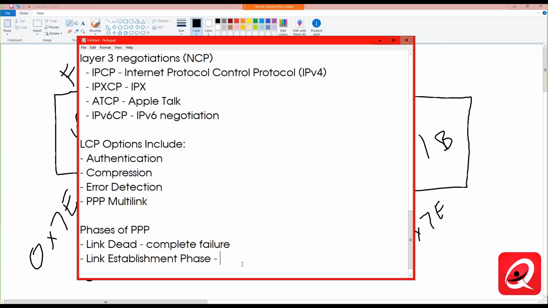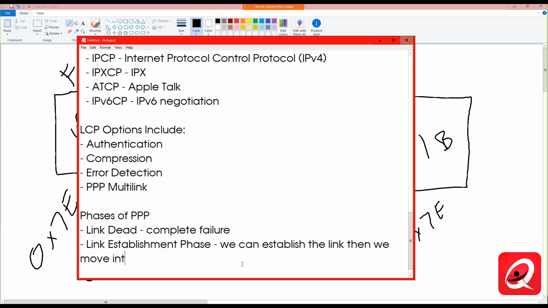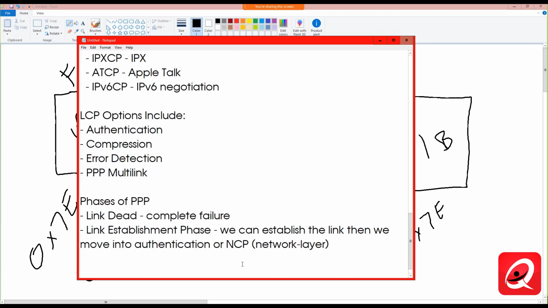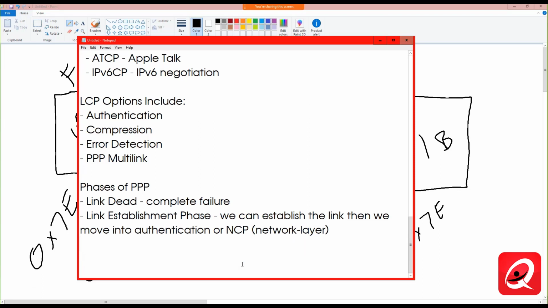If we can establish the link, then we move into either authentication, if authentication is configured, or we move to the NCP piece, which is the network layer protocol phase. All right, where NCP kind of does its thing.